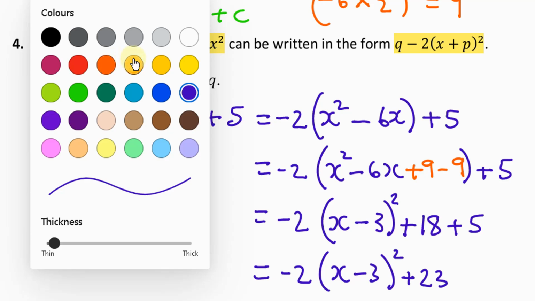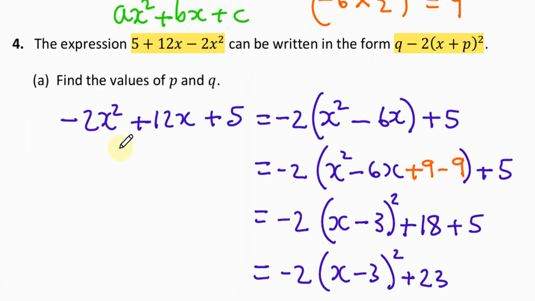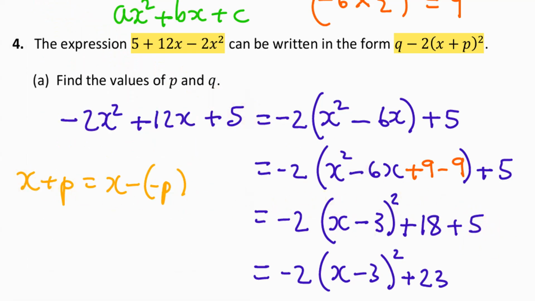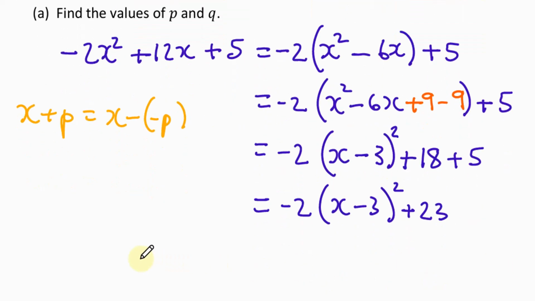Now, you should note that x plus p is the same as x minus negative p. So from this here, we can see that negative p will equal 3. And that means that p is equal to negative 3.